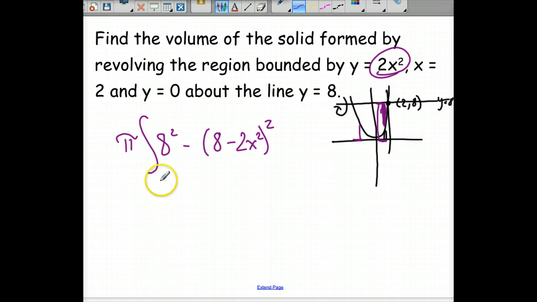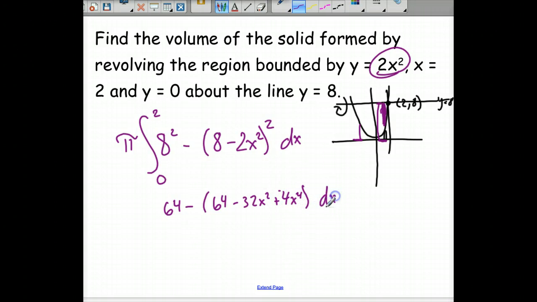Pi times the integral from 0 to 2, because these are x values. So that's going to be 64 minus, and you've got to do FOIL on this, 64 minus 32x squared plus 4x to the 4th with respect to x. So 64 minus 64 is gone, and we'll just have the integral of positive 32x squared, remember to distribute that negative, minus 4x to the 4th.